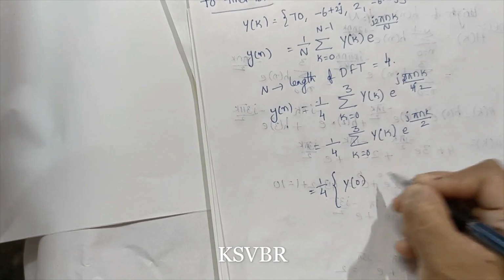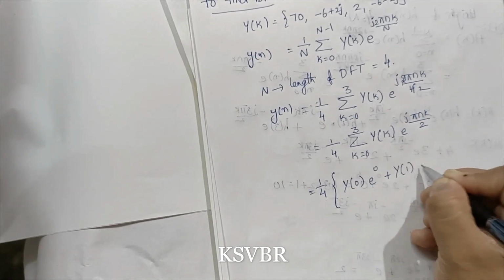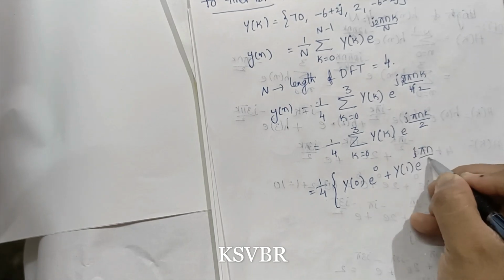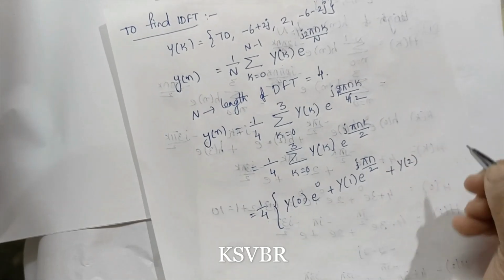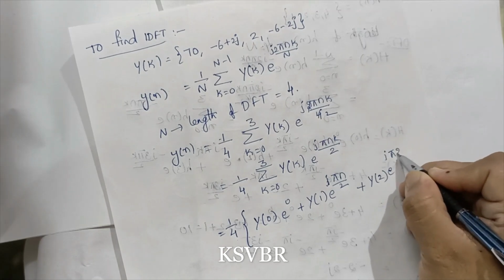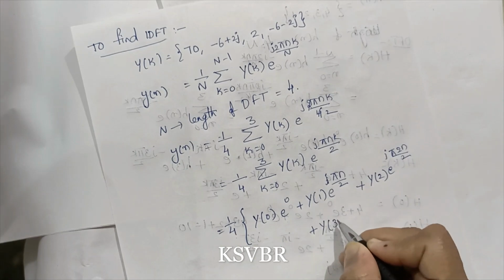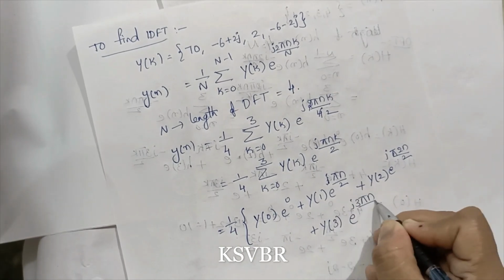Capital Y(0) into e^0 plus capital Y(1) into e^(jπn/2) plus capital Y(2) into e^(jπ2n/2) plus Y(3) into e^(j3πn/2).